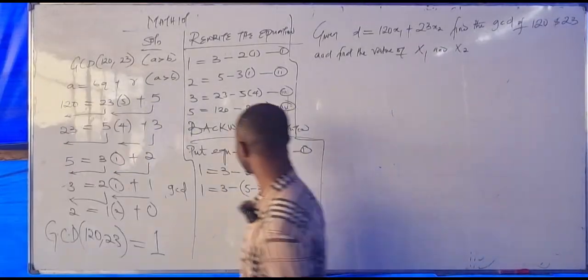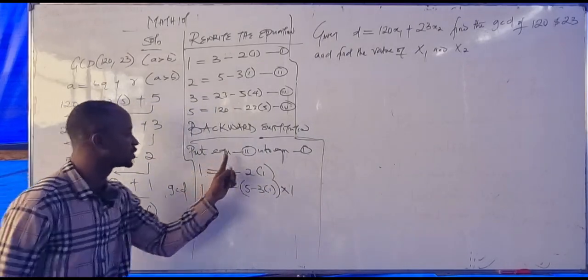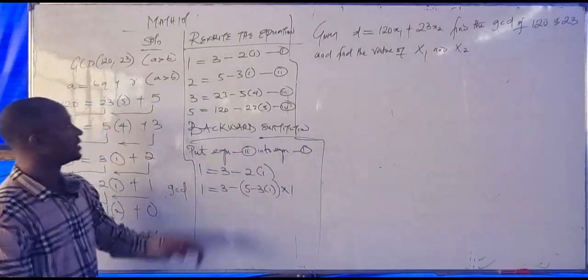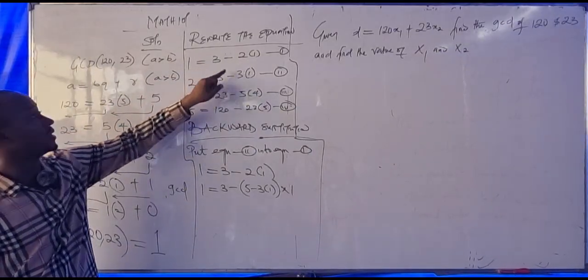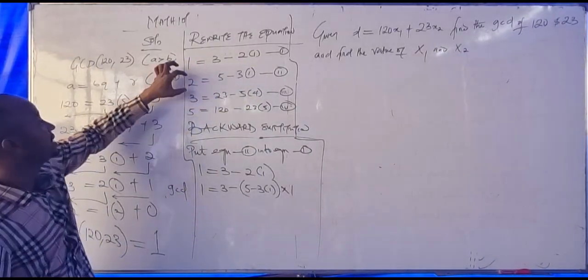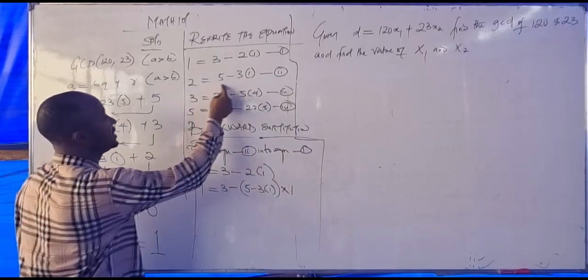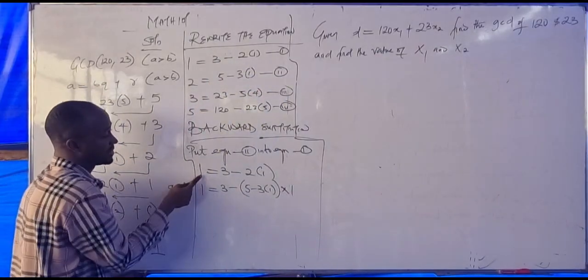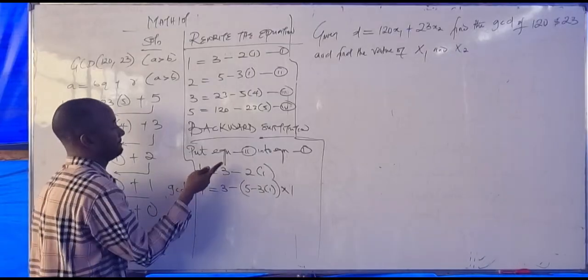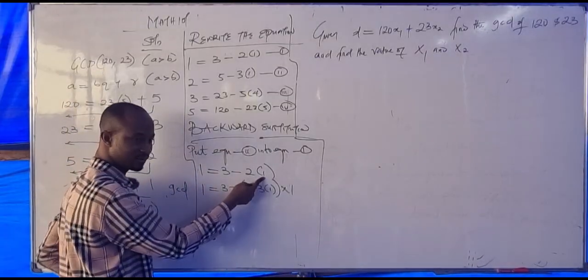Now listen. I want to put equation 2 into equation 1. Meaning, anywhere I see 2 in equation 1, I'll put this. I'm putting this into this, meaning I will substitute this value into this equation here. Equation 1 says 1 equals to 3 minus 2 times 1.